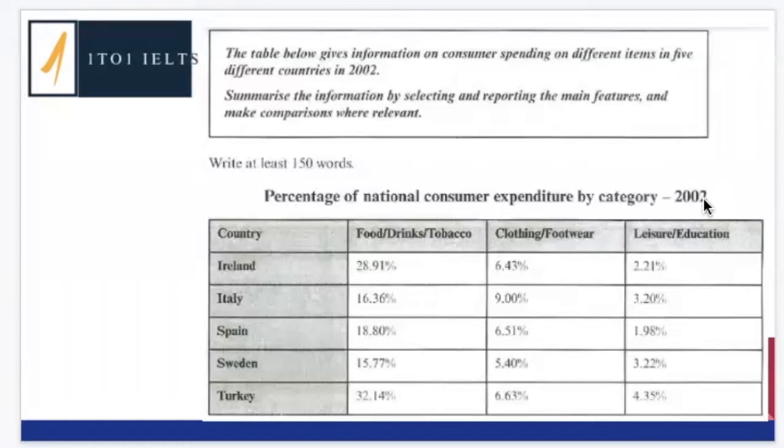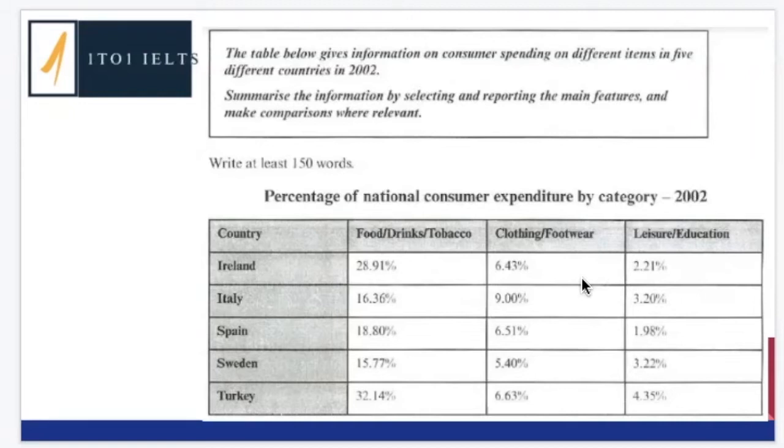So if we're not actually given a date, so sometimes you get a chart very, very similar to this, but it will just say this is a percentage of national consumer expenditure by category. If there's no date given, then you use present. But if they specifically give you a time in the past, like we have here, we know we're going to use the past simple. So that's really important to make sure that we know the verb tenses we're going to use.